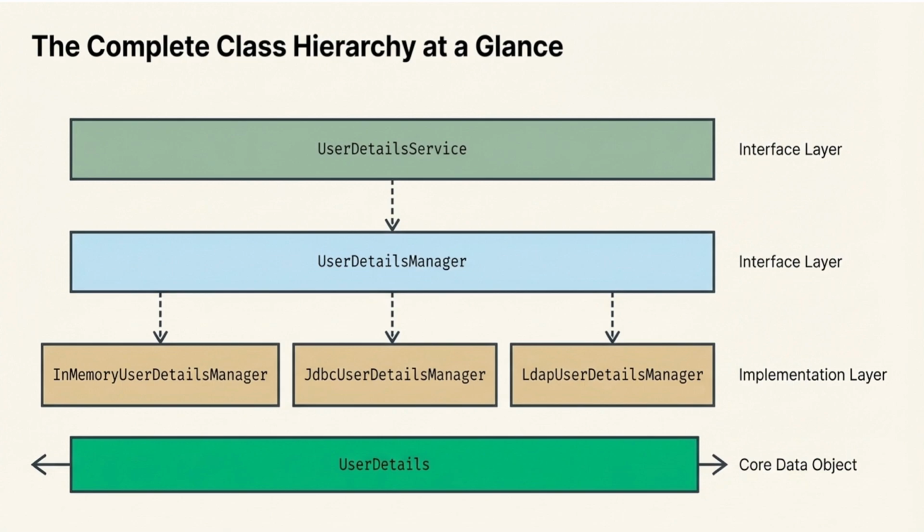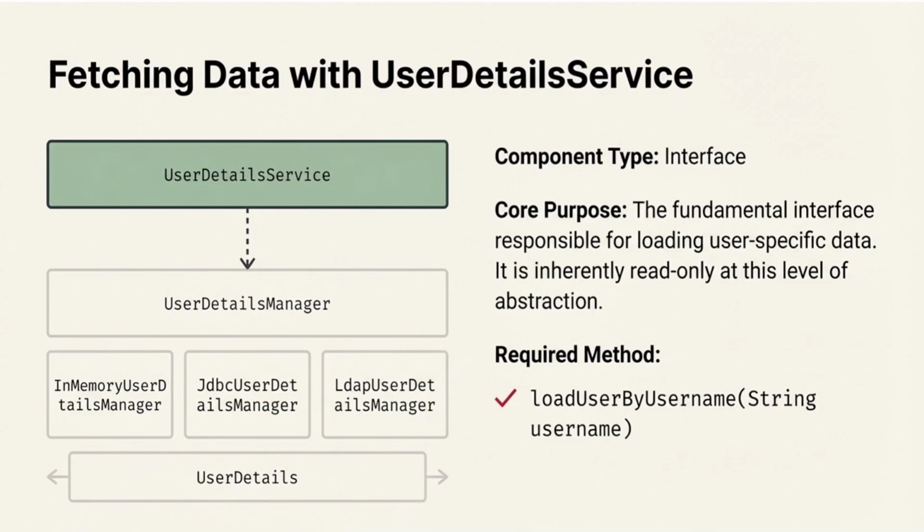This is the slide that I have created to clear your confusion around the user detail manager and user detail service interface and its implementation. At the very top, we have an interface which is user detail service.